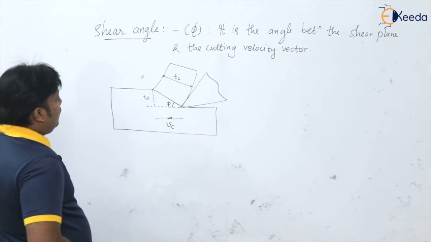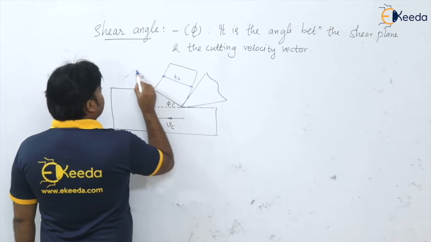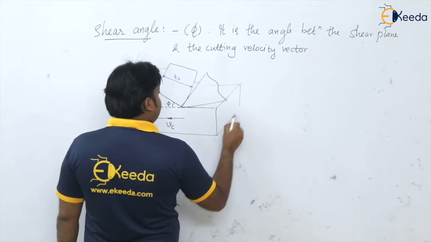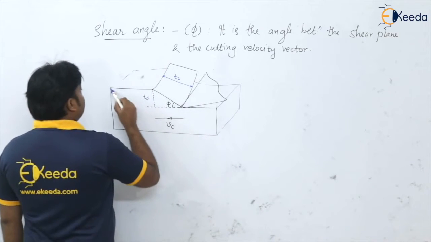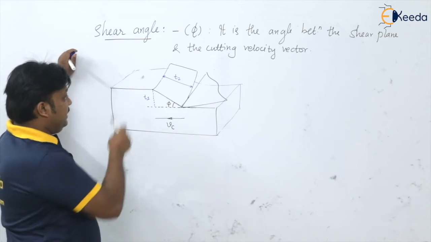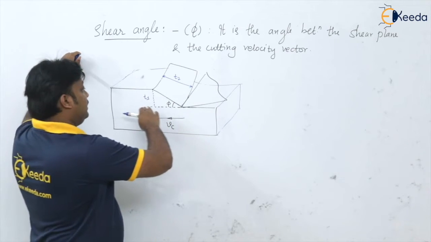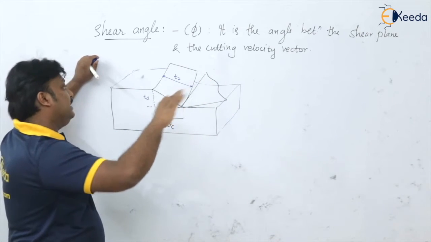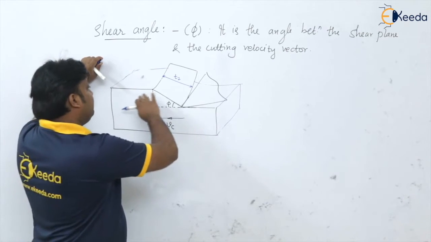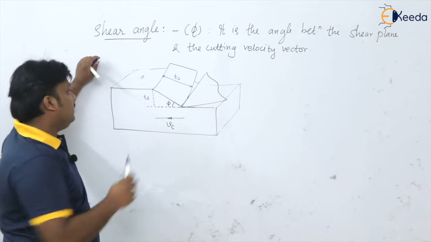Of course the width is the same before and after cutting, as this is a plane strain condition. The deformation happens along the lengthwise direction. Therefore the chip length increases but the width remains same.